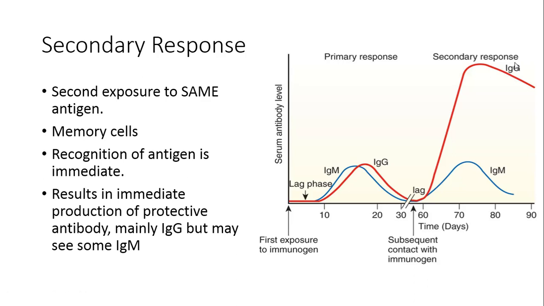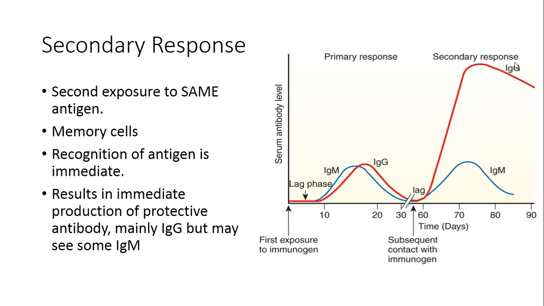So, as I said, if we compare the second time the host encounters the same antigen, IgM and IgG lag time gets shortened considerably, though synthesis is just about the same for IgM. IgG, though, has a really marked and much stronger response to a secondary exposure. So in both cases, the response is quicker. The IgG response is much, much stronger, though.